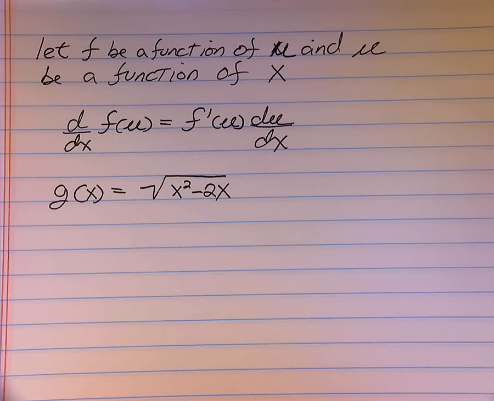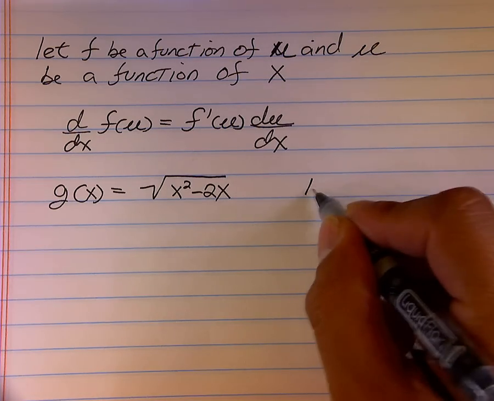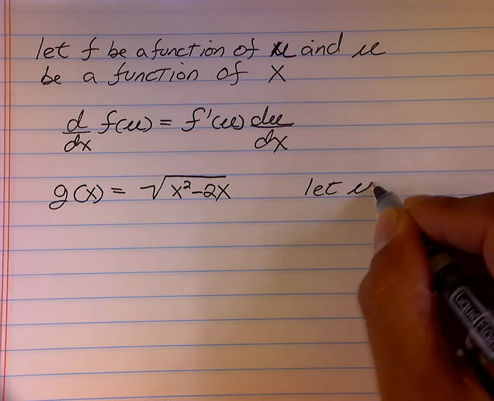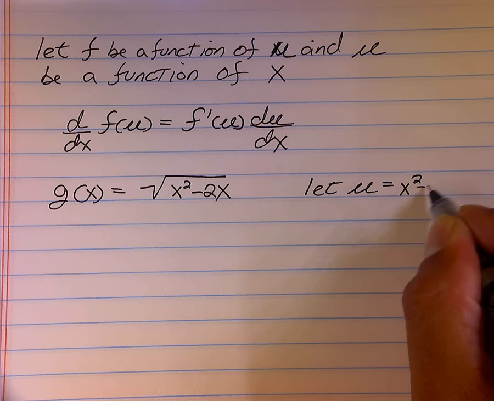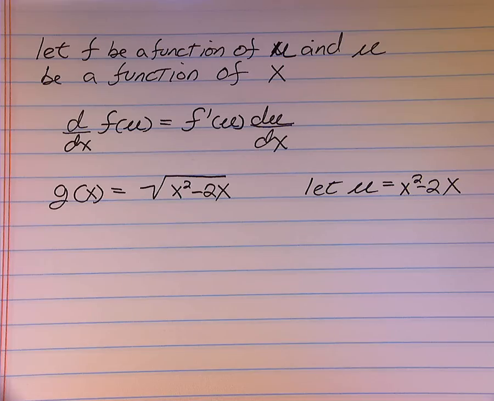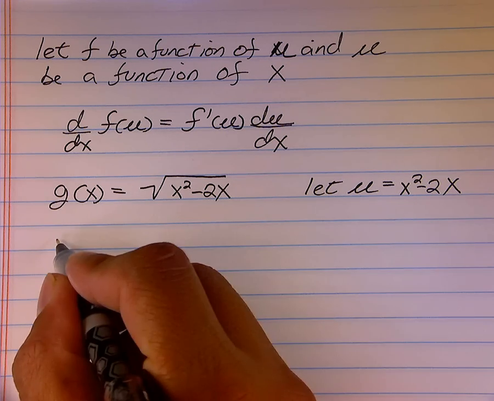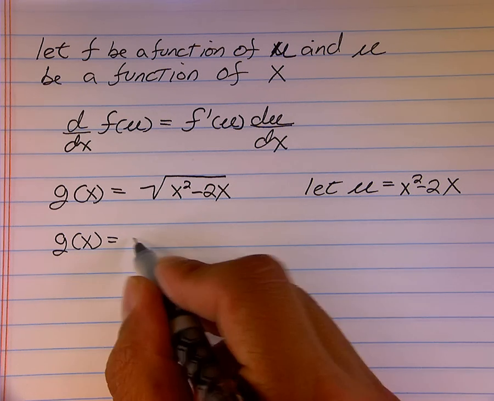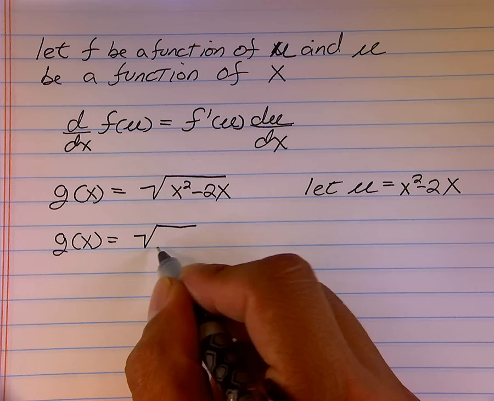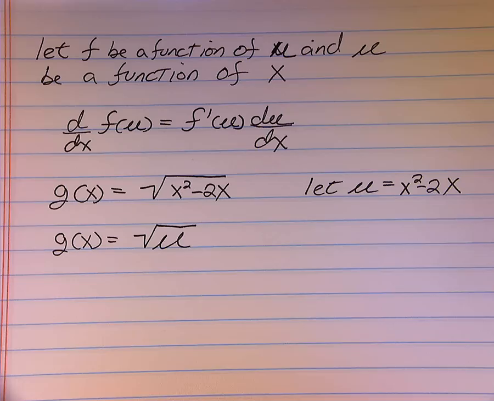For instance, if I let u be the function x squared minus 2x, then u is a function of x. And if I substituted u into g, I would end up with the square root of u.